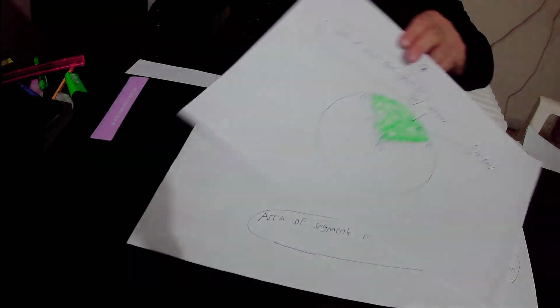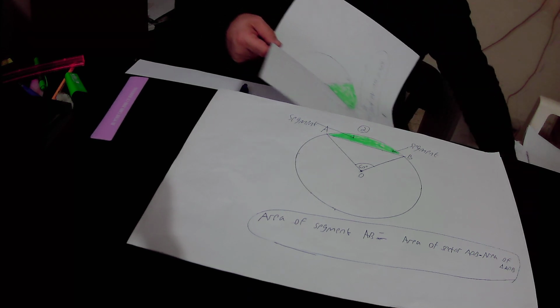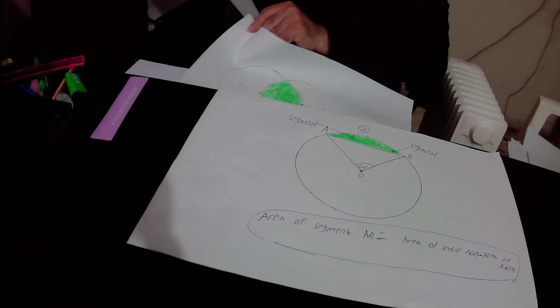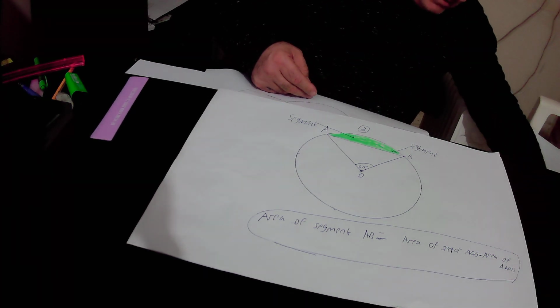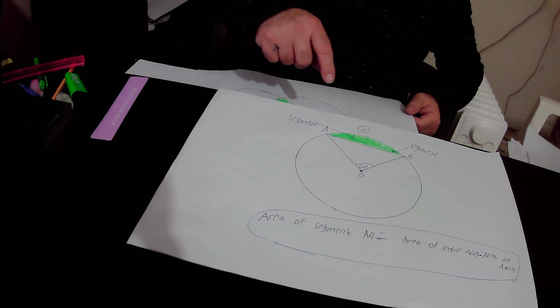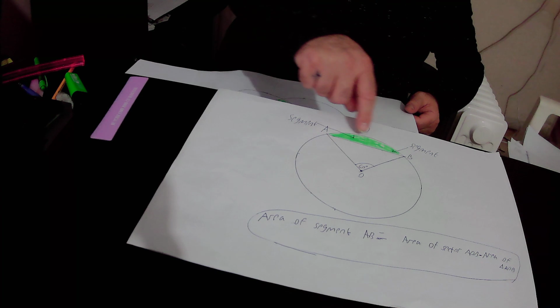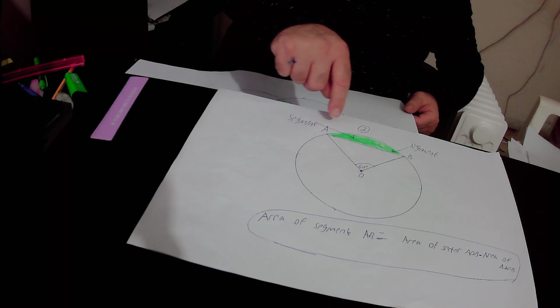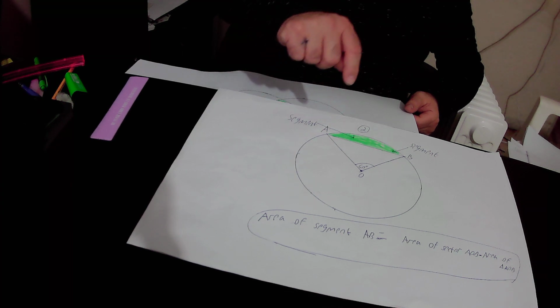Okay, and then we also have the second term, that is segment. Segment is the area that is bounded by the chord and the arc that is attached to that chord.